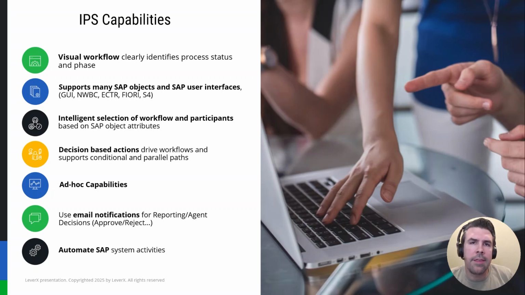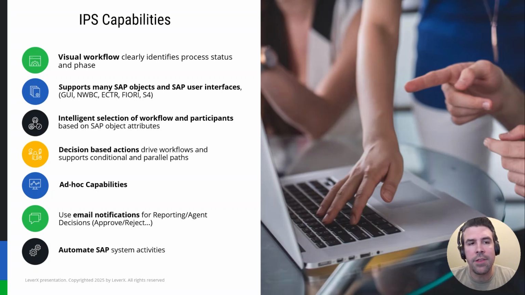And like I said, it supports many SAP objects and SAP user interfaces. So we've done things in the GUI, NWBC, ECTR, it's built directly in there, Fiori, S4, and any SAP object. We've done many SAP objects. Typically we've done a lot of PLM objects, but we've done things like sales orders and purchase orders.